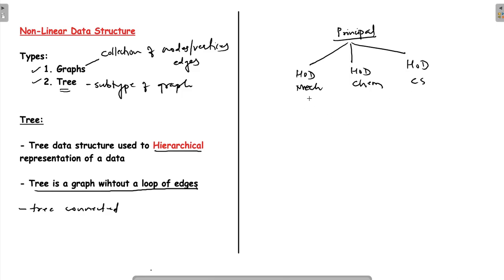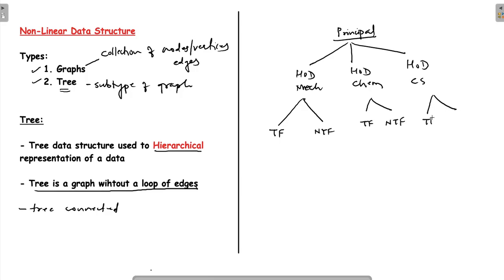And under each HOD there are different faculties working. Let's say we have teaching faculty and non-teaching faculty. Same for the other departments also: teaching faculty, non-teaching faculty.